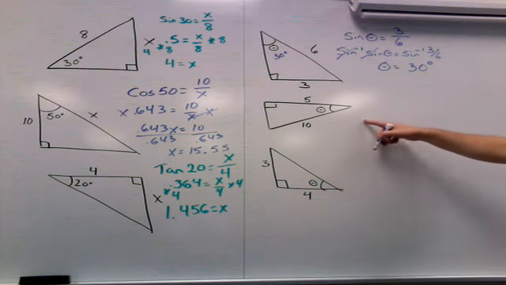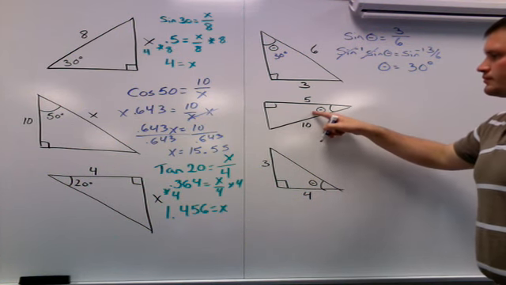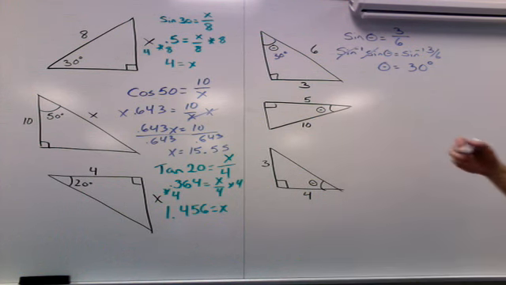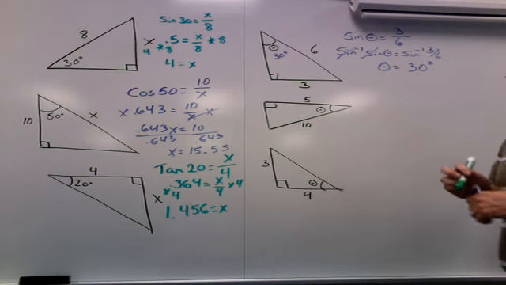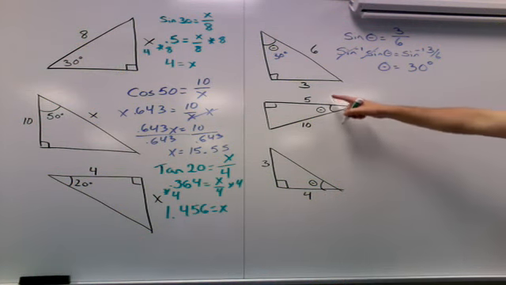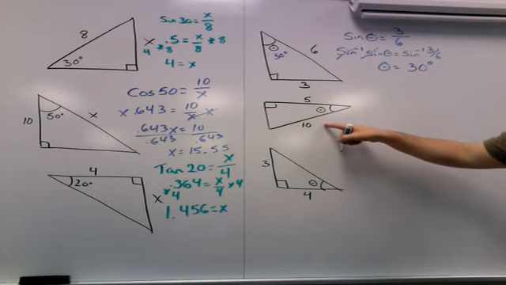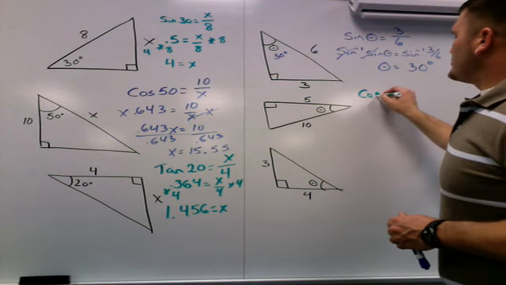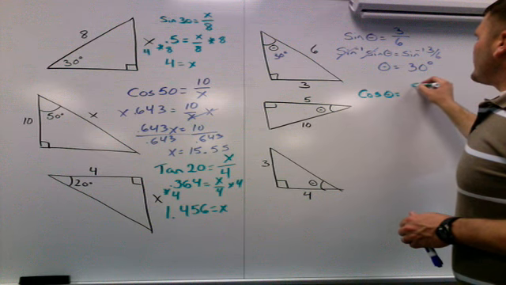All right, this next one, here's my angle theta. 5 is adjacent, 10 is the hypotenuse. So for this one, we are going to use cosine because we're given the adjacent and the hypotenuse. Right? So adjacent and hypotenuse go with cosine, the CAH part of SOHCAHTOA. So cosine theta equals 5 over 10.